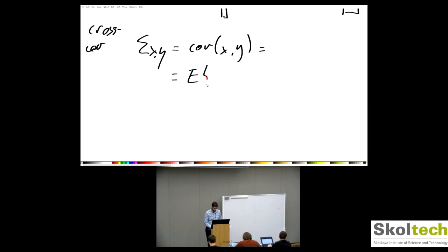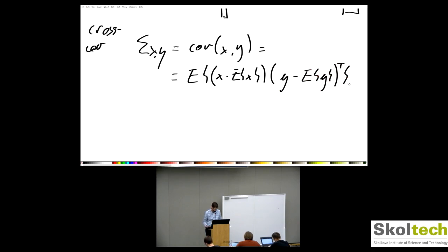And then it's going to be the same definition as before. Right, and I think we can comment on several things on these cross covariances. The first one is, so what can you tell me about the result of this? Imagine that you have, so do these dimensions have to match?